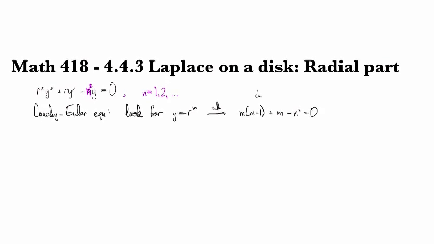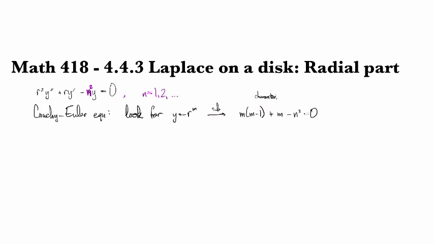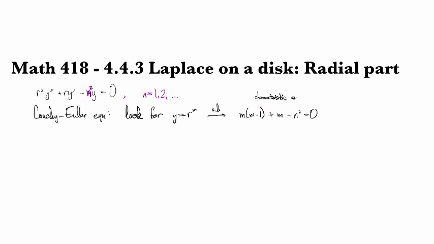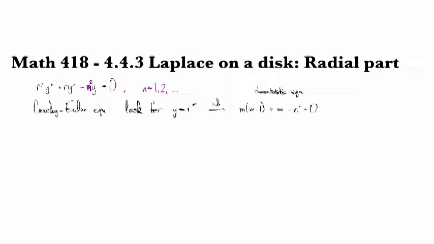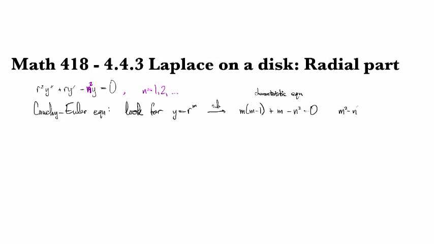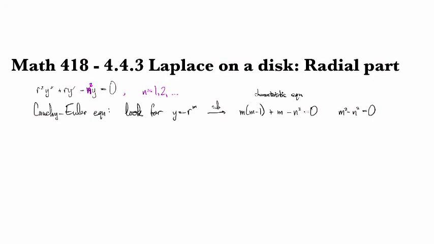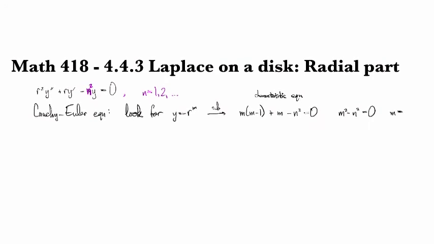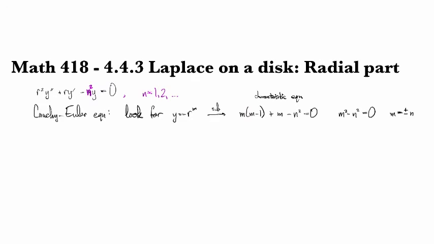So that's the characteristic equation for this particular problem. And so we have m squared minus n squared equals 0, simplifying somewhat. So m equals positive or negative n.